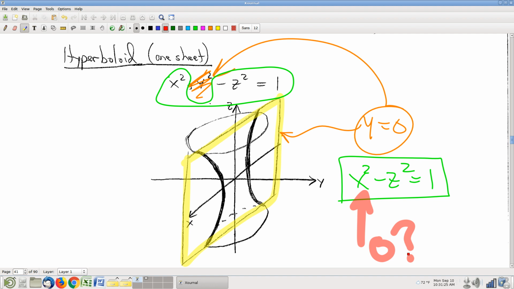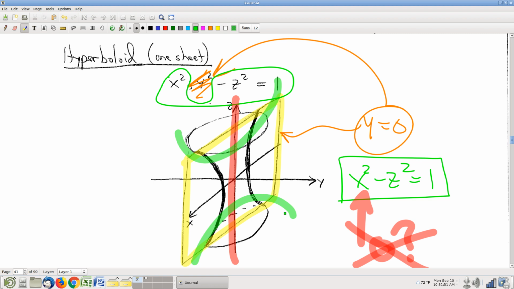Well, if x were 0, I would have a negative of a square being positive. And that doesn't make any sense, right? So it is not possible for x to be 0. That means that the hyperbola in question cannot intersect that red line right there. And that means that it can't be that hyperbola, because that goes through that red line.